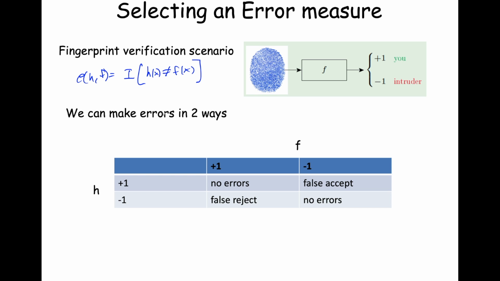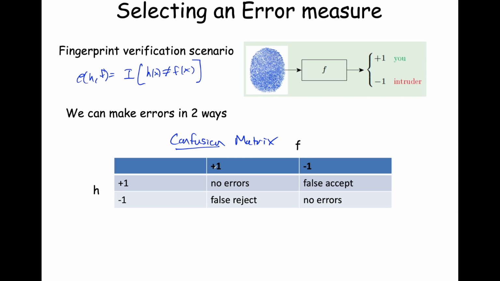Now, if we look at the following matrix, this is a so-called confusion matrix. It depicts all the different ways your learner can be confused or make mistakes. And so here along the rows, we have the outputs of a hypothesis, +1, -1. And here along the columns, we have the labels associated with the ground truth target function, +1, -1.